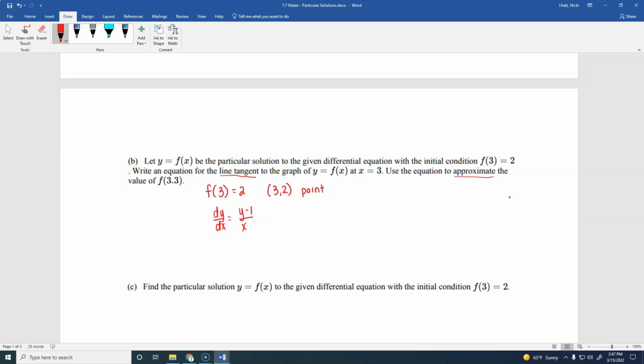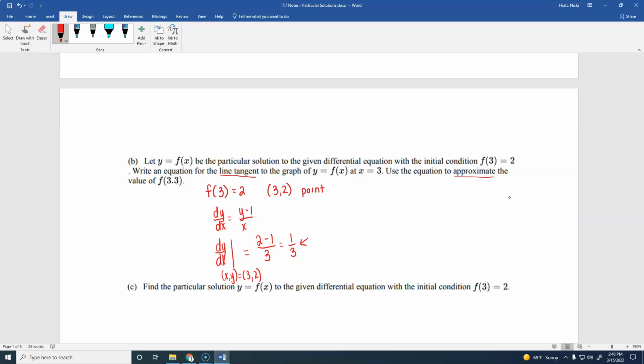You don't necessarily have to write that, but you do need to write dy over dx at that point, so the notation for that, dy over dx at (x, y) equals (3, 2), is going to be 2 minus 1 over 3, which gives us 1/3.